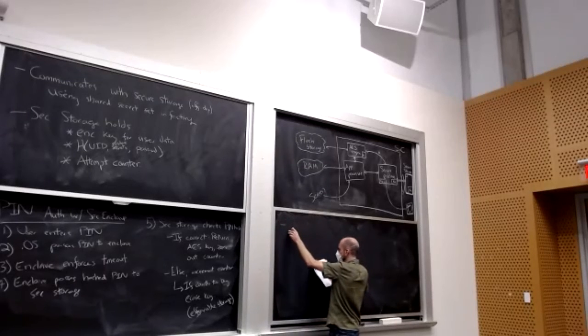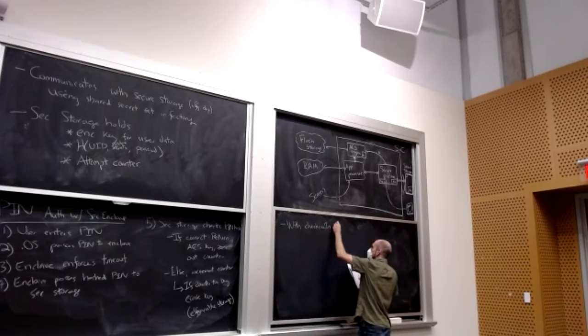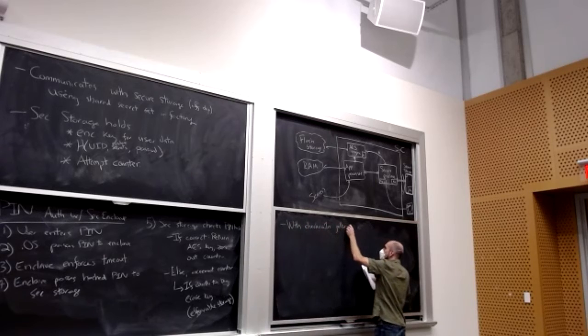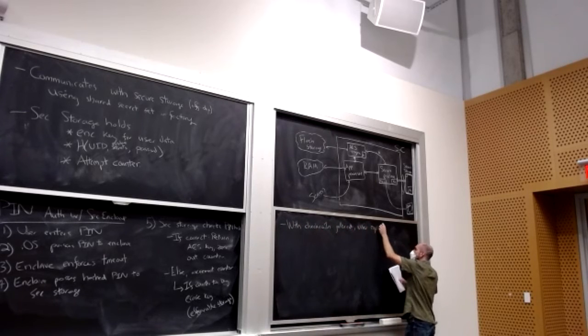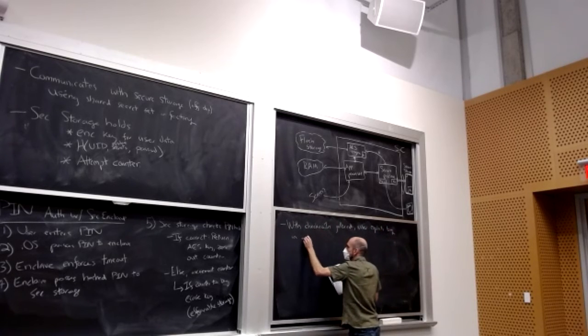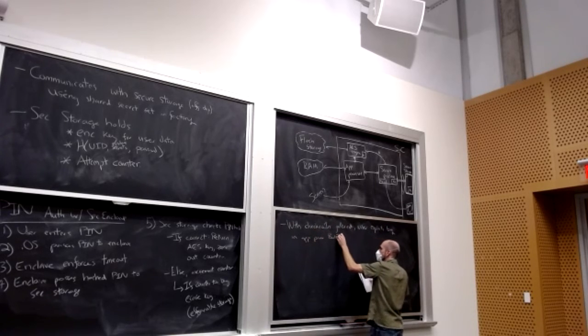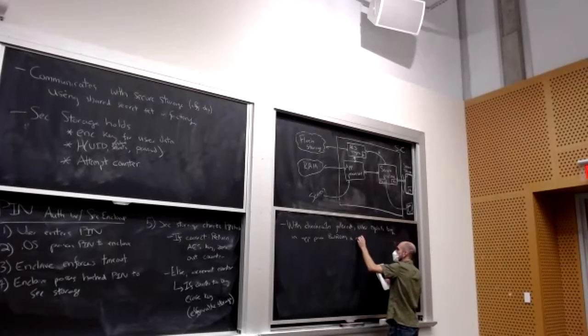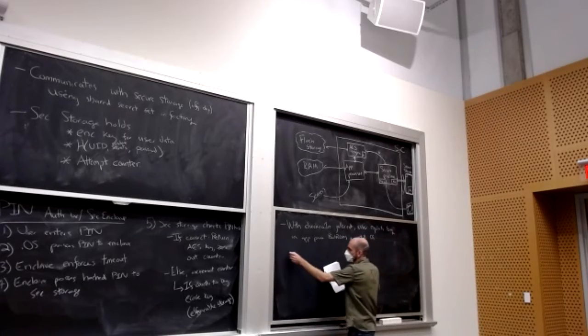With that checkra1n jailbreak, the user exploits a bug in the application processor's boot ROM to install a non-Apple OS on the device. And this is unpatchable because the boot ROM is wired into the processor.